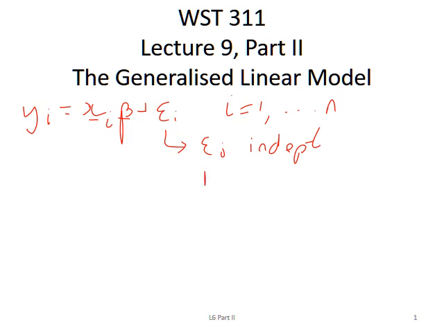We also assume that it comes from a normal distribution with expected value 0 and a variance sigma square, and that these variances were constant over the range of possible values for the covariates.